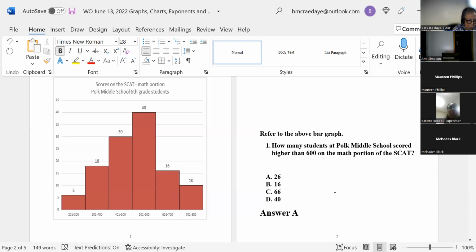You add those up, and that's 16 plus 10, and that's how you get 26. So that's how you do it. I didn't even understand the question. That's the question, and that's the answer.